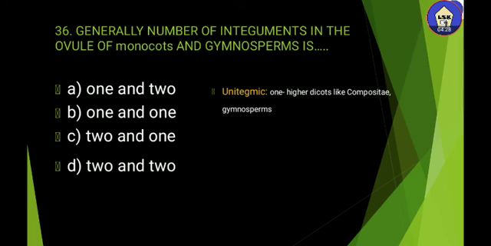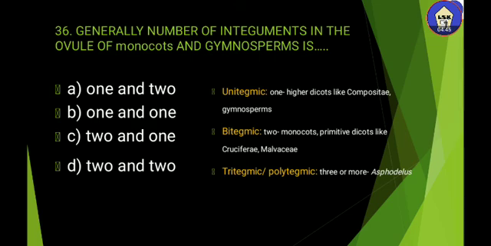Higher dicots like Compositae and gymnosperms consist of unitegmic ovules. And bitegmic means presence of two integuments, most commonly found in monocots and primitive dicots like Cruciferae, Malvaceae. Tritegmic or polytegmic ovules are found in Asphodelus. Here 3 or more integuments will be there. And ategmic means no integument, normally found in Santalum, Loranthus, Liriosma, Olax, etc.